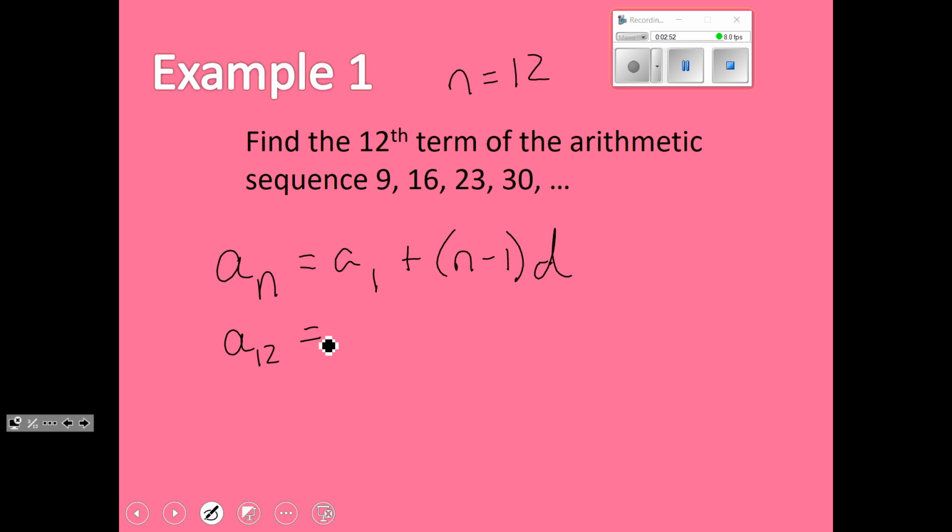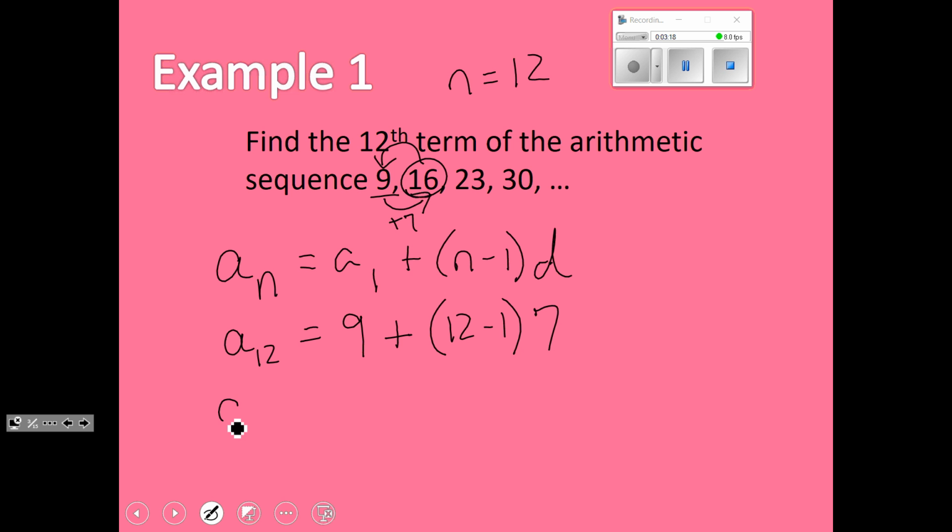Do I know my first term? First term is 9. Plus n, we're looking for the 12th term, so that's going to be 12 minus 1. And my common difference is plus 7. So don't forget, if you don't know what you're adding each time, you can take the second term and subtract the first term. So that's going to make my common difference 7.